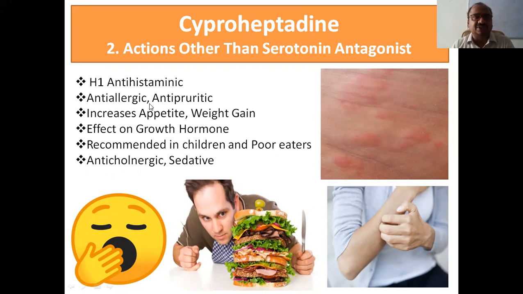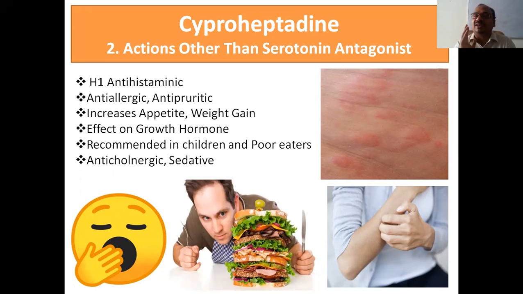Anti-allergic, this is used. Anti-pruritic: when you feel the itching, when you feel like scratching your skin because of allergy, you can say it is pruritic. And increased appetite, weight gain, very important for those who are very thin.